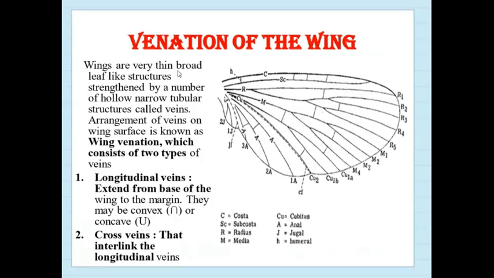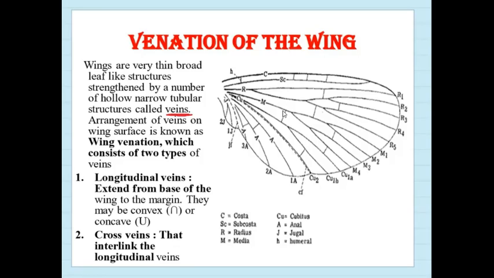Wings are very thin, broad, leaf-like structures, strengthened by a number of hollow, narrow tubular structures called veins. There are different types of veins present on the wings.